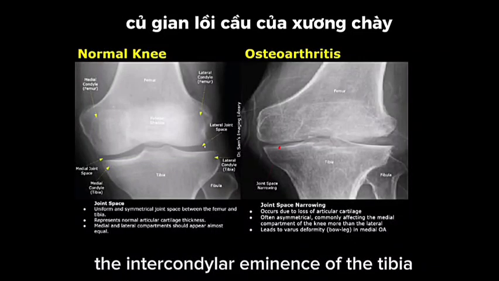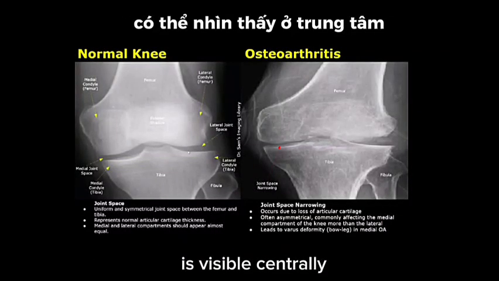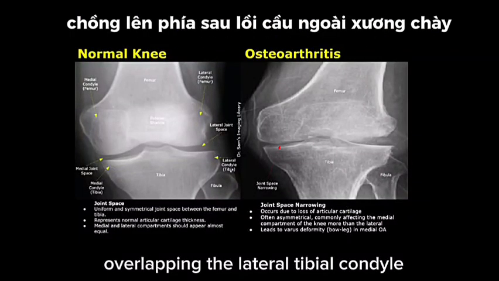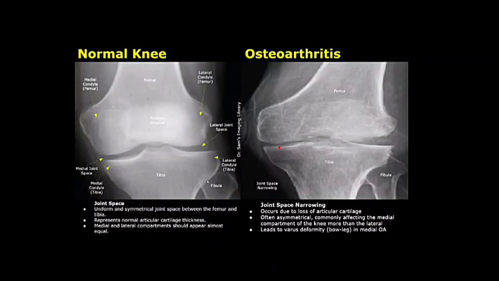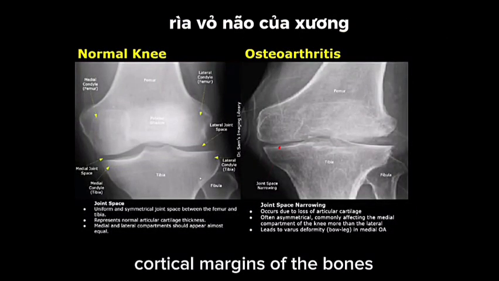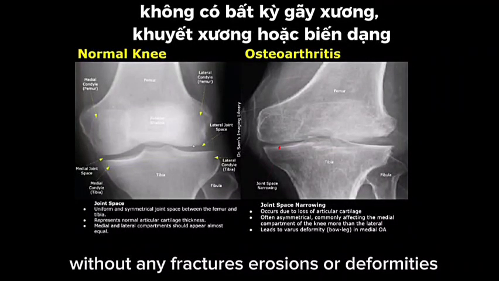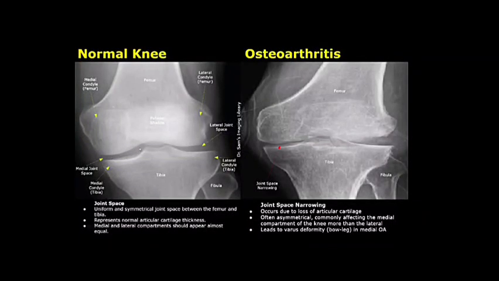The intercondylar eminence of the tibia is visible centrally, and the fibular head is seen partially overlapping the lateral tibial condyle. Cortical margins of the bones should be smooth and intact without any fractures, erosions, or deformities.